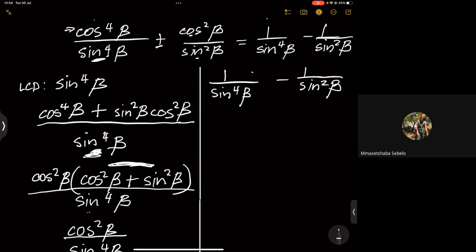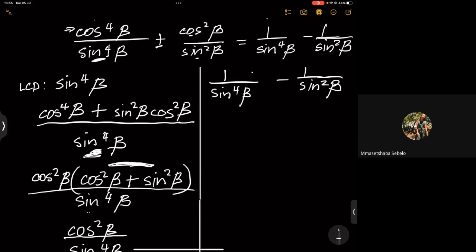Right, let's continue. What can we do on the right-hand side? We want the right-hand side to be exactly like the left. So let's change the numerator, the first part, and let's deal with the fractions.